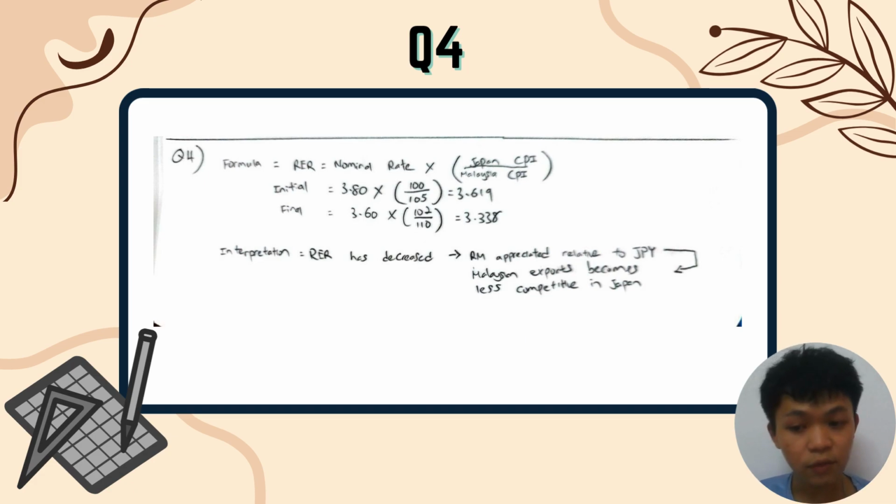For the final, 3.6 multiplied by 102 divided by 110, the answer is 3.338. For the interpretation, the real exchange rate declines. Malaysia could become relatively more expensive, so less competitive in Japan.